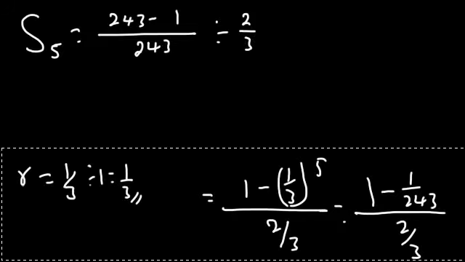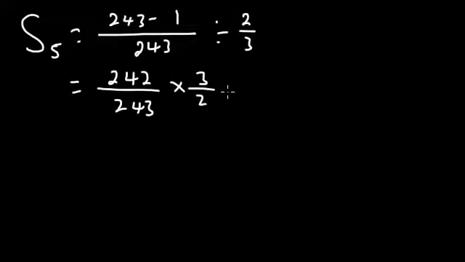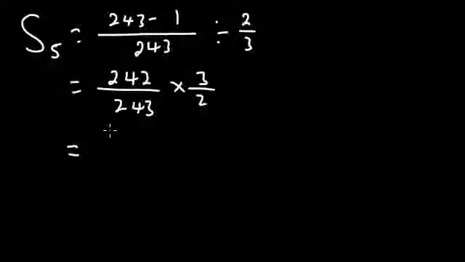Perfect. So now we have 243 minus 1, which is 242, divided by 243. Now let's change the sign to a product, and then we flip this one upside down. Okay, so we have 3 over 2. So now 243 can be reduced using 3. 243 divided by 3 gives us 81.